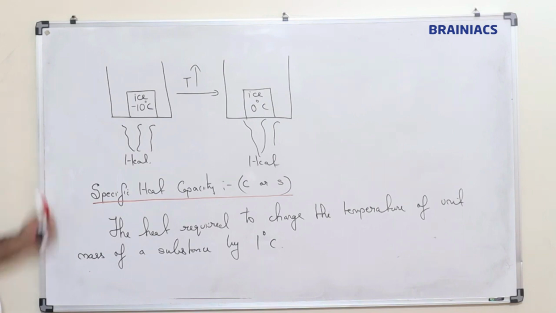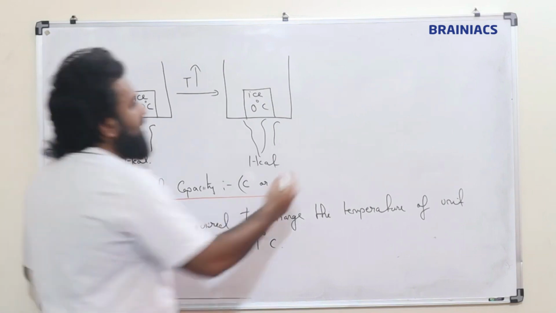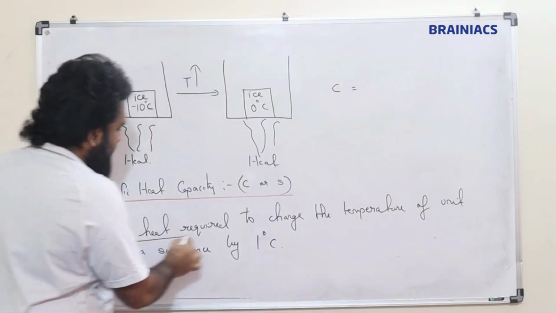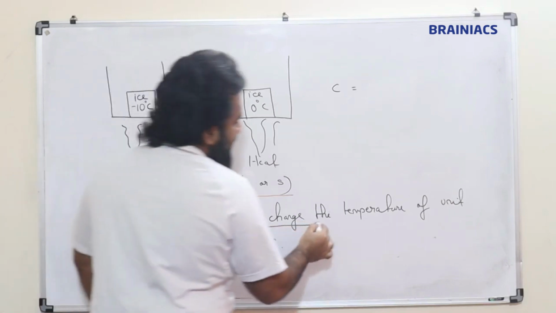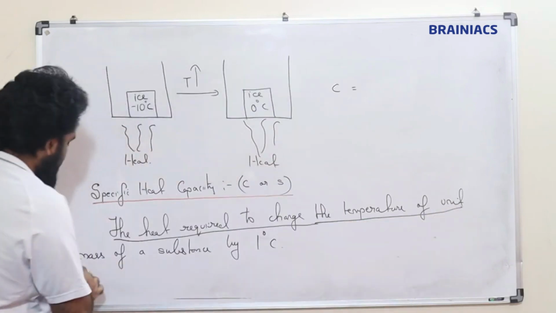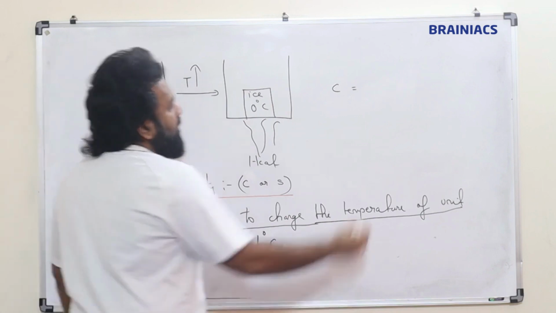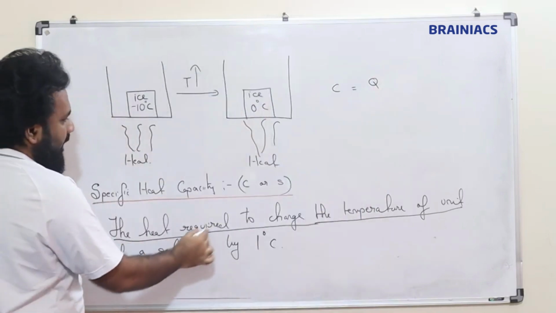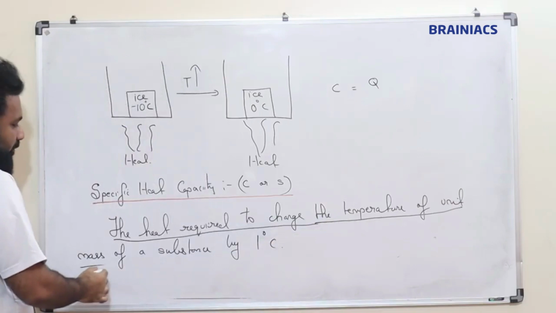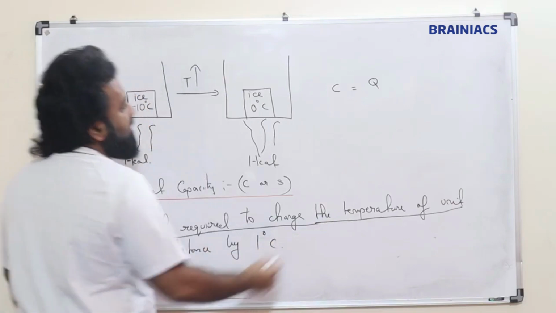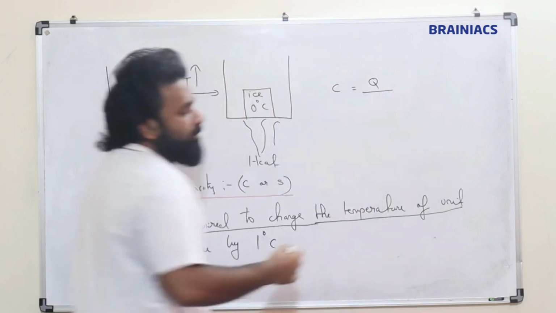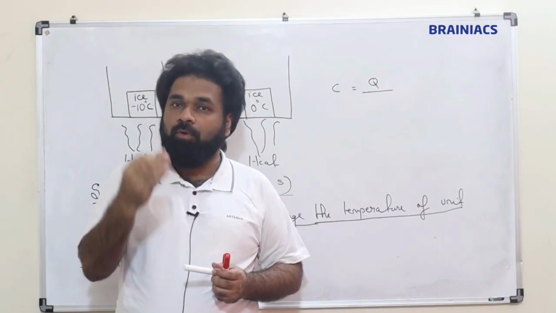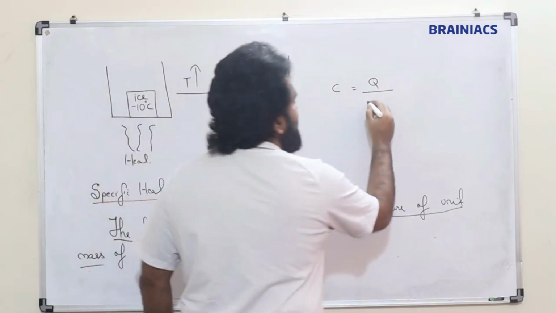Clear? Now, what is the specific heat capacity? C is the heat required to change the temperature of unit mass of a substance by 1 degree Celsius. For unit mass, suppose it is 5 gram, we need to divide the heat by its mass.